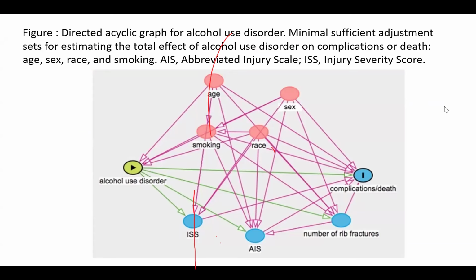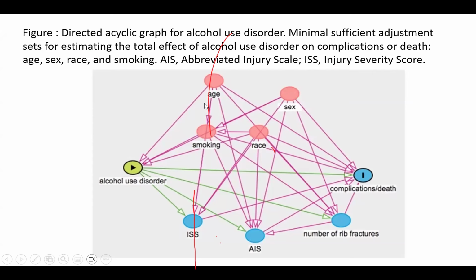It is basically a directed acyclic graph for alcohol use disorder, showing minimal sufficient adjustment sets for estimating the total effect of alcohol use disorder on complications or death. So age, sex, race, and smoking. AIS is abbreviated injury scale and ISS is injury severity score.